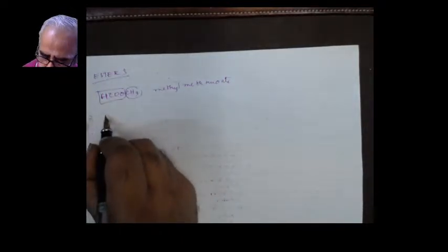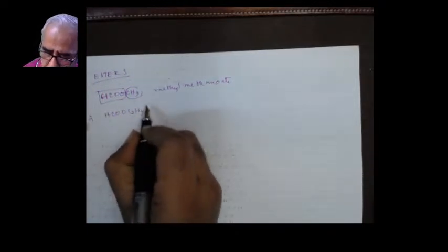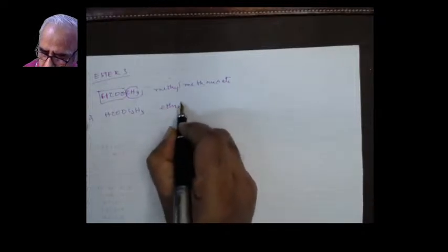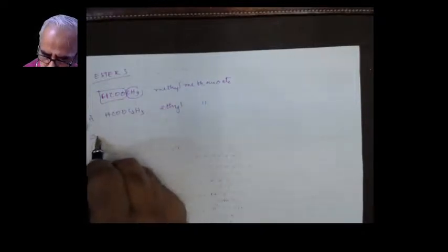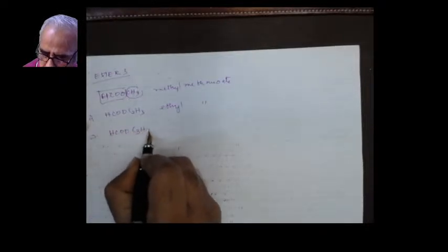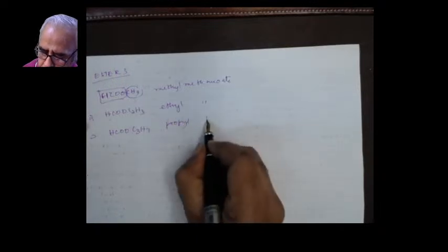Got it? Similarly, HCOOC2H5. We can change the alkyl group, so you will have ethyl methanoate. HCOOC3H7, and you have propyl methanoate.